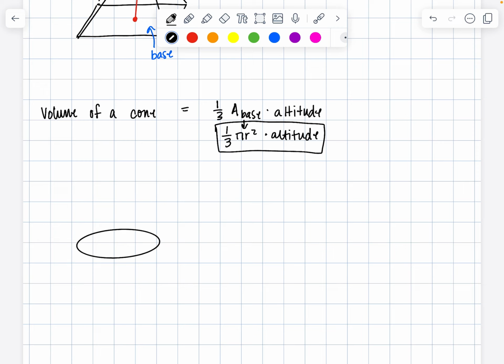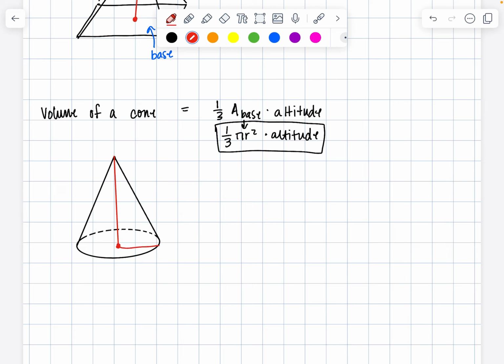And I'm going to draw a point at the top, connect it to both ends to make it appear as if it is some kind of cone. Erase some of this back end because we physically can't see it. And then let's fill in some values. Let's actually calculate something here.